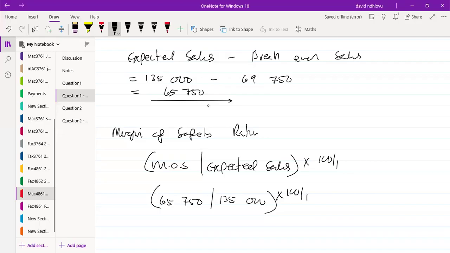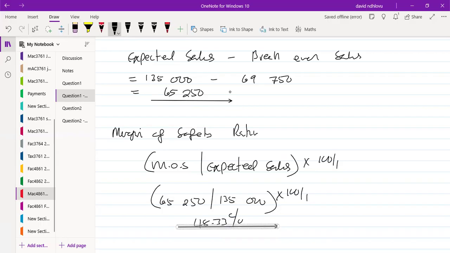Let me check something: 135,000 minus 69,750 should be 65,250. So 65,250 divided by 135,000 should give you roughly 48.33%. This is what we get in terms of the margin of safety ratio.